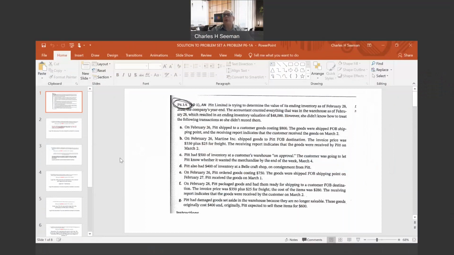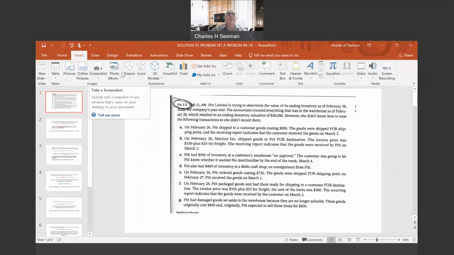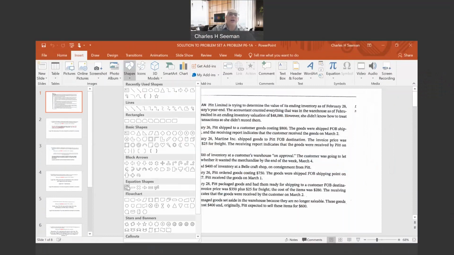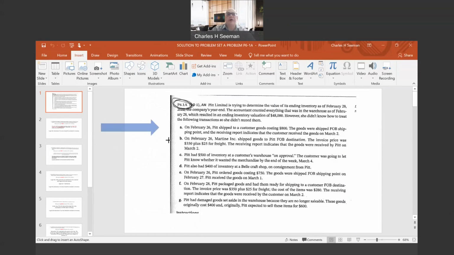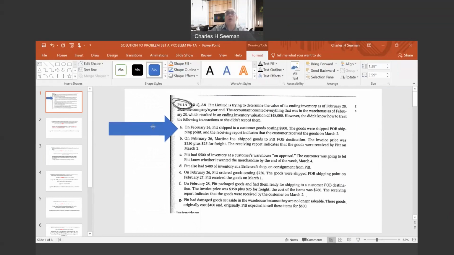So we're going to go through each one of these transactions, and we're going to discuss, first of all, whether or not to include them in inventory and why, or why not. So we're going to go through all 7 of these.